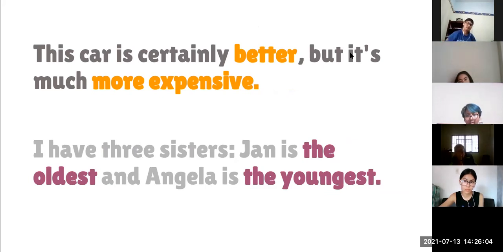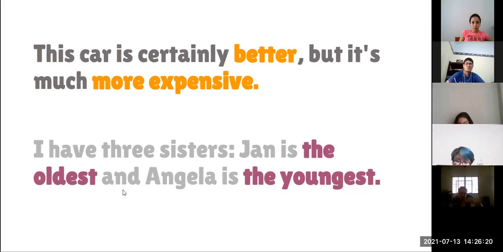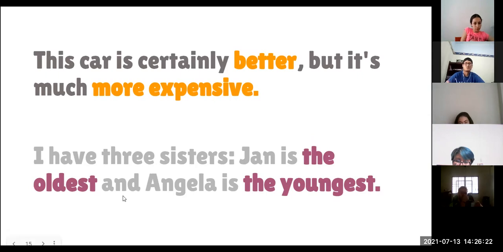In comparative, use ER. Yes, when we use comparatives, generally we have ER at the end of the adjective and more before long adjectives, right? What about the next one? How do you recognize superlatives?